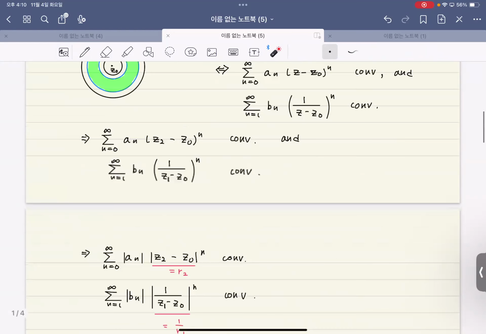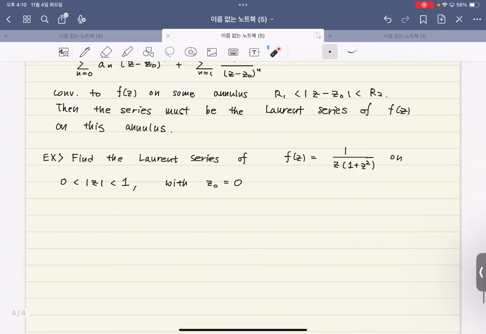But in this case, finding the Laurent series of this function should be doable because we can actually find the series representation of this function using the geometric series, right? f(z) is 1 over z times 1 over (1 plus z squared), and we already know the power series representation of this rational function.